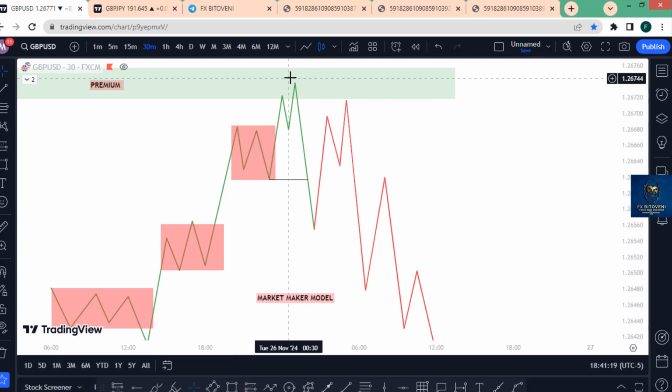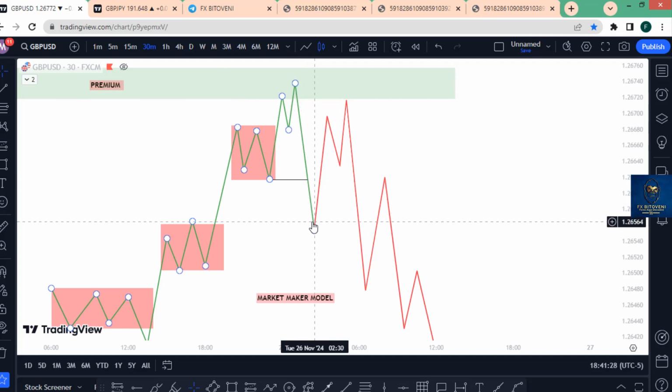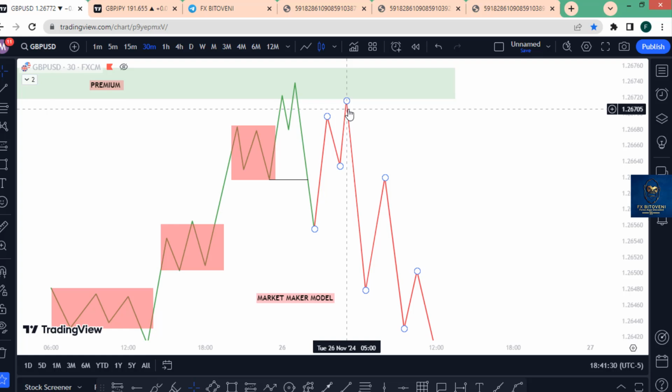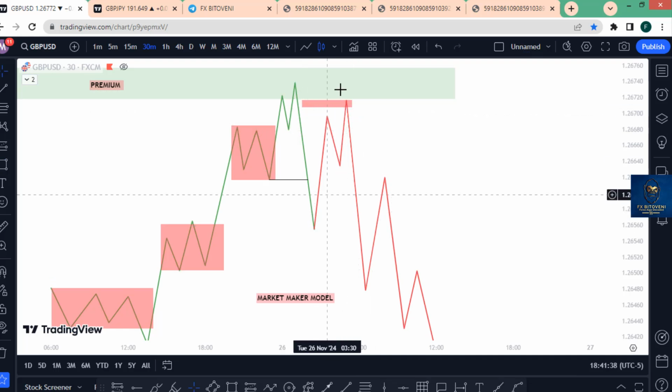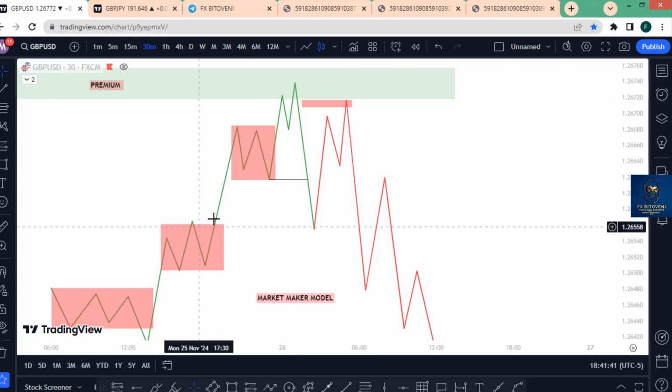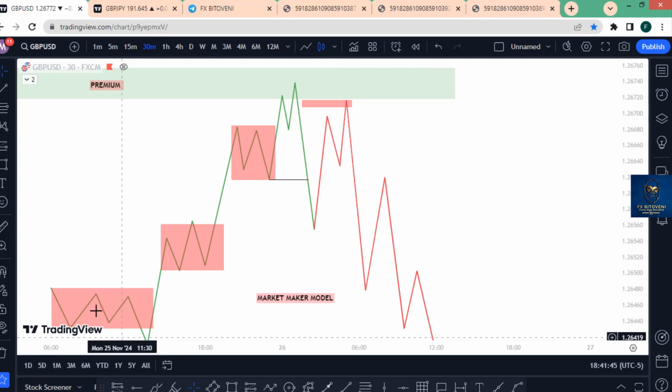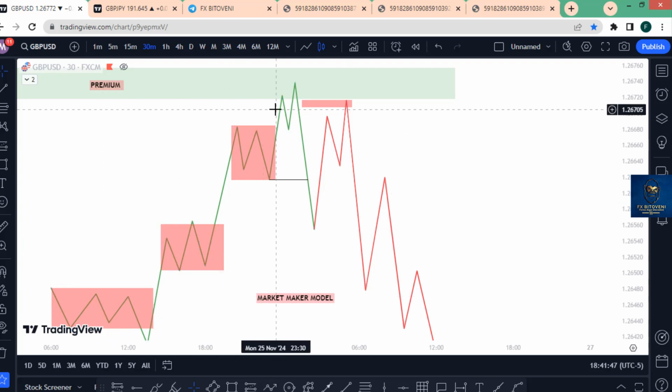For example, here you can easily see that we have a breakout structure. The price is going to create another pullback. So this will create another lower time frame market maker model, because this pullback is the same as this pullback, because we are pulling back into a premium POI. The same here.